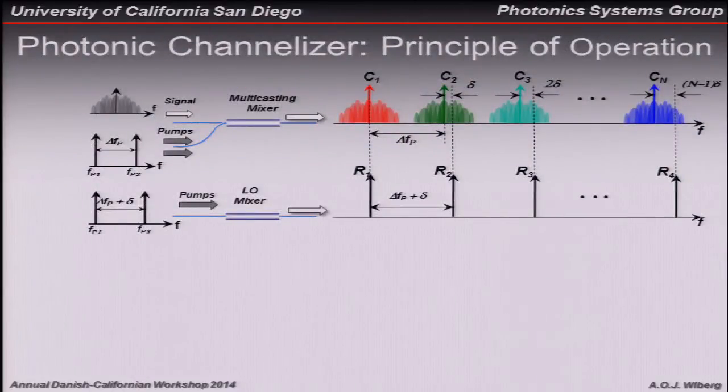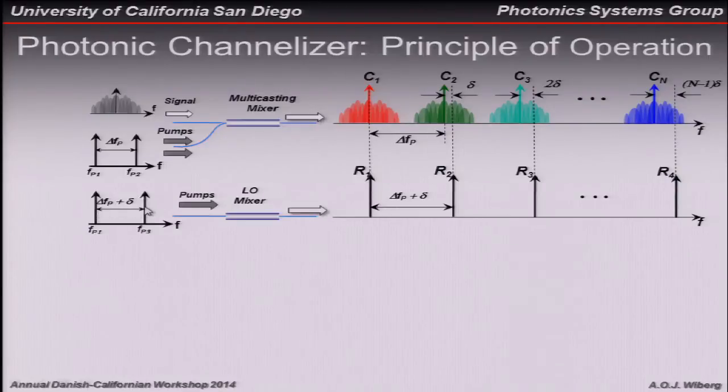If we look at how we implement this technique, in the upper part we see the multicasting mixer, where you have 2 strong pumps and the signal that you want to analyze imprinted on one wavelength. These 3 waves are sent into the mixer, where we create many copies of the signal at different wavelengths.